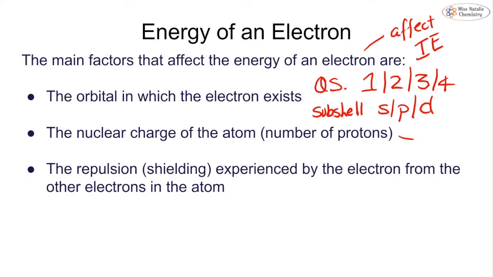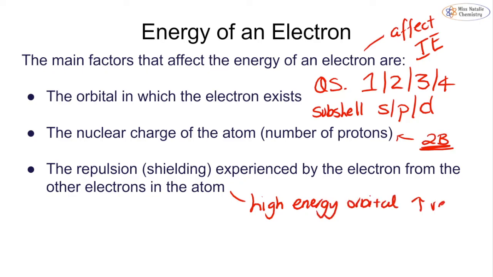And we'll talk more about that when we look at topic 2b and we're looking at the trends in ionization energy. So we'll come back to this one. And we also need to look at the repulsion or the shielding experienced by the electrons. So if it's in a higher energy orbital, it's going to have increased repulsion.